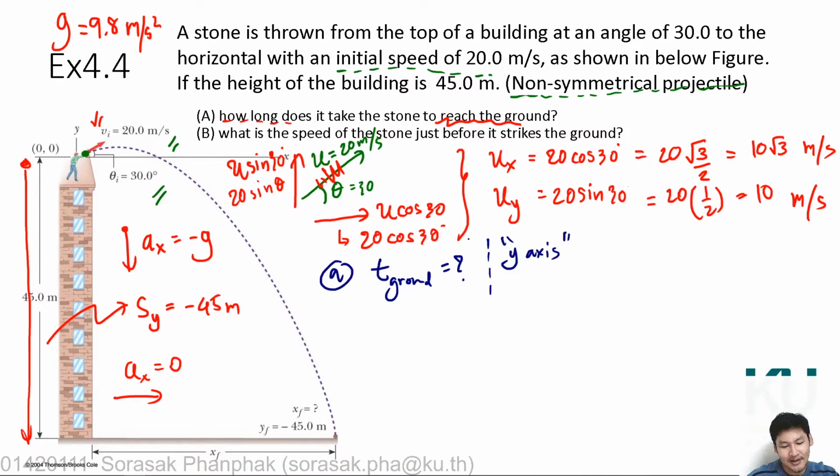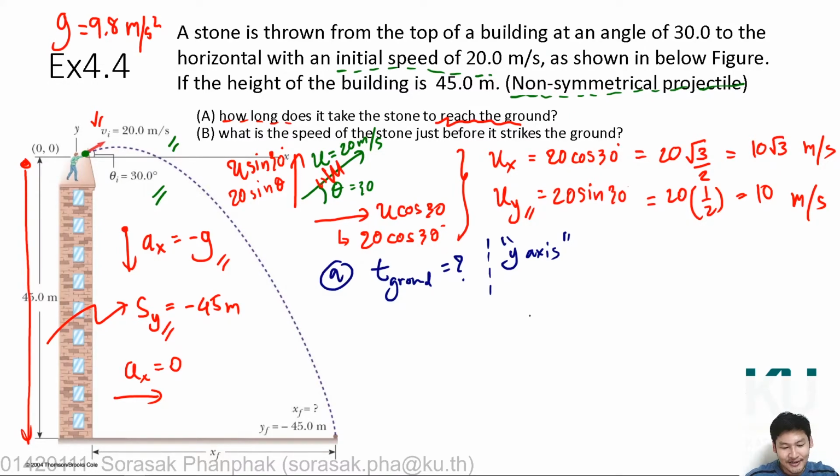This part, you can answer about the time that this stone takes to reach the ground from your four main kinematics equations. Which one has the information of uy, the information of g, and the information of s, to find t?